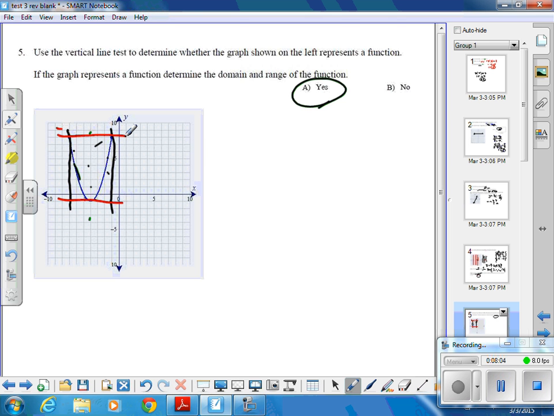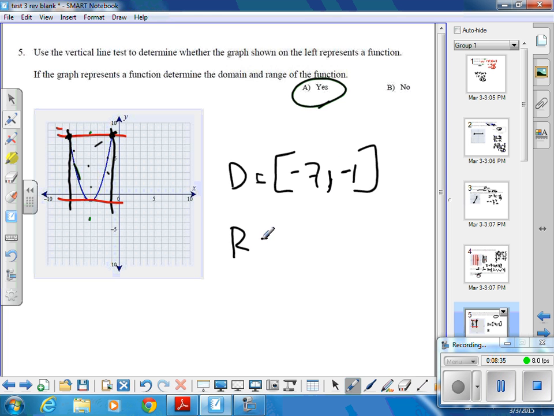So my domain, in this case I'm going to use brackets, because it has these dots, which tells me that it's touching them. This x here is negative 7, this x here is negative 1. So you want to go smallest to biggest: negative 7, comma, negative 1 like that.